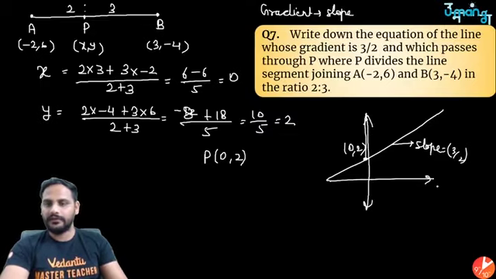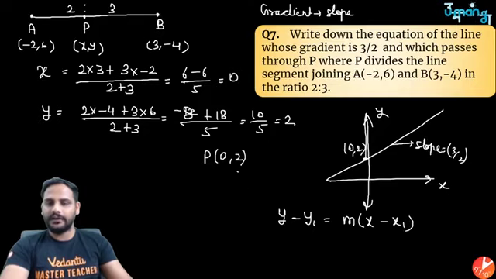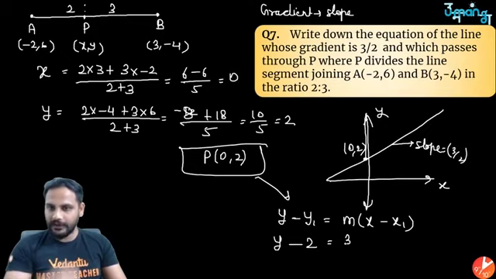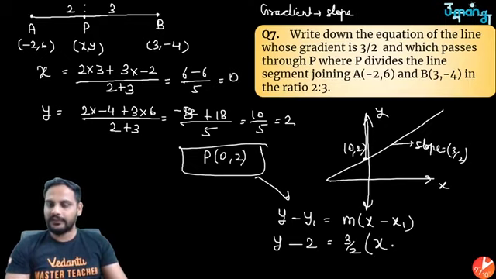So for the equation of this line, I know the slope, I know the point, so I can use the form y minus y1 is equal to m into (x minus x1). For point P, y minus 2 is equal to 3 by 2 into (x minus 0). Shift 2 over there, so 2y minus 4 is equal to 3x.